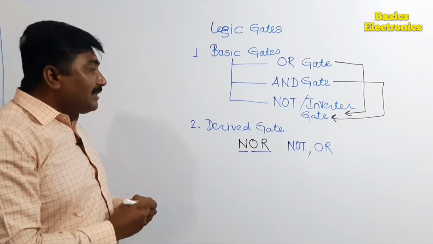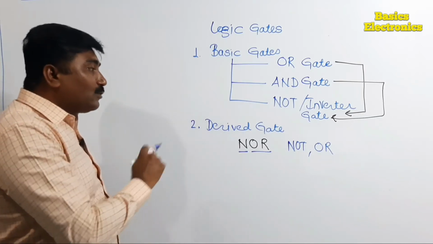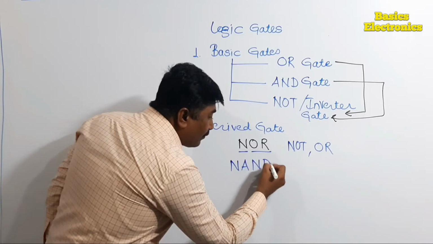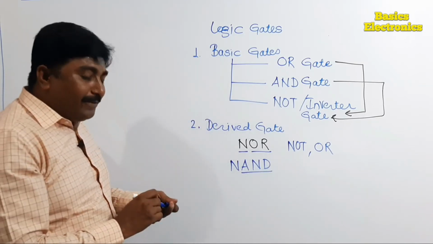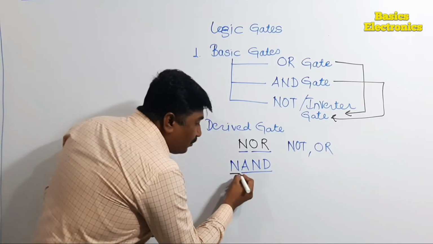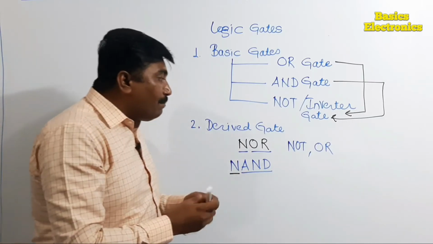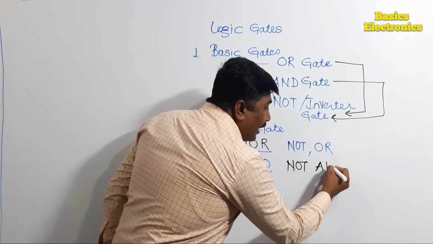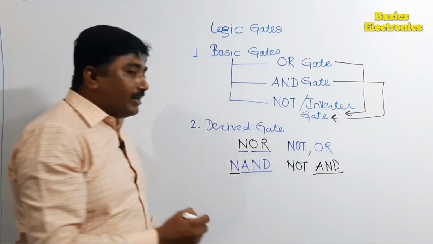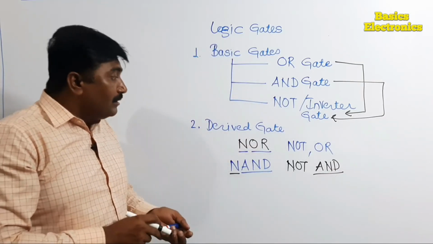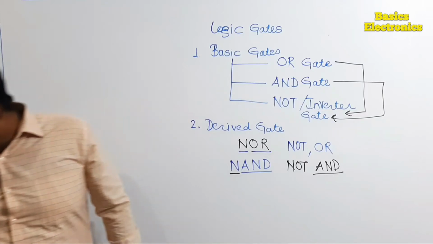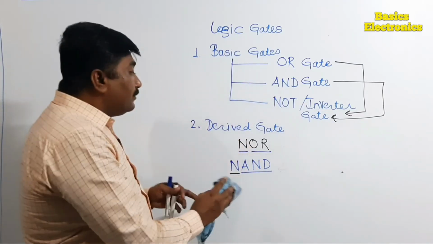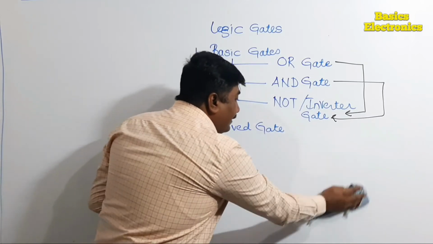The second combination is NAND, the combination of the NOT gate and the AND gate. So the two derived gates are the NOR gate and the NAND gate.